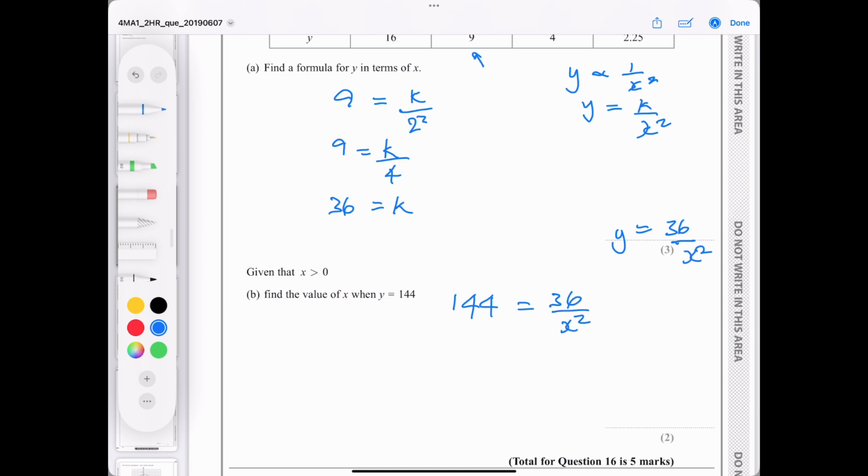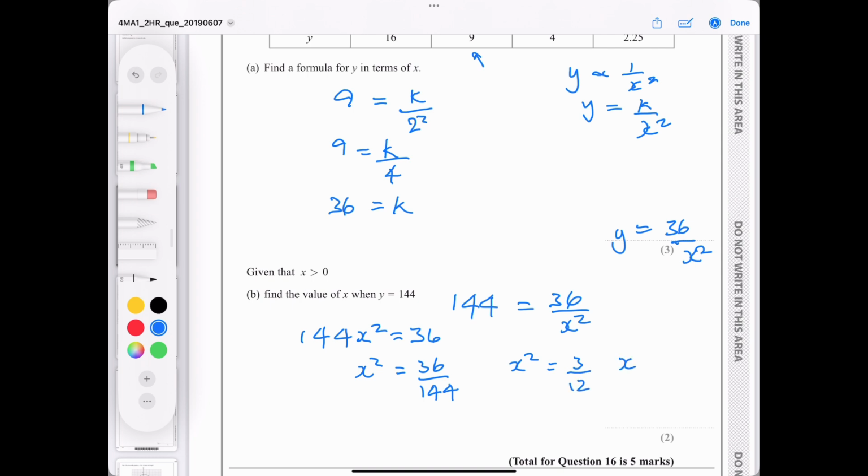Now, you can just swap 144 and x squared, but I'll quickly show you why. 144 times x squared equals 36. X squared, therefore, equals 36 over 144. And both of those are divisible by 12, so x squared equals 3 over 12.